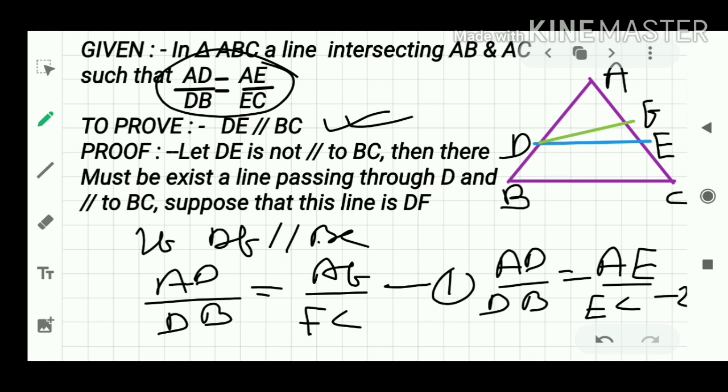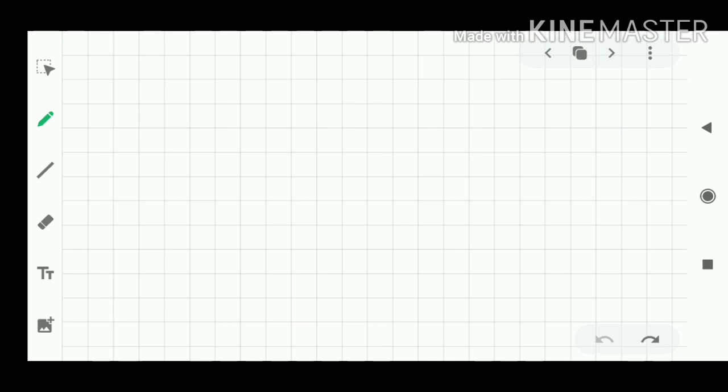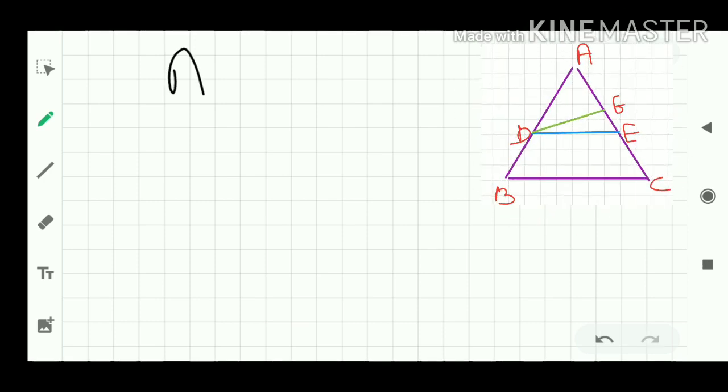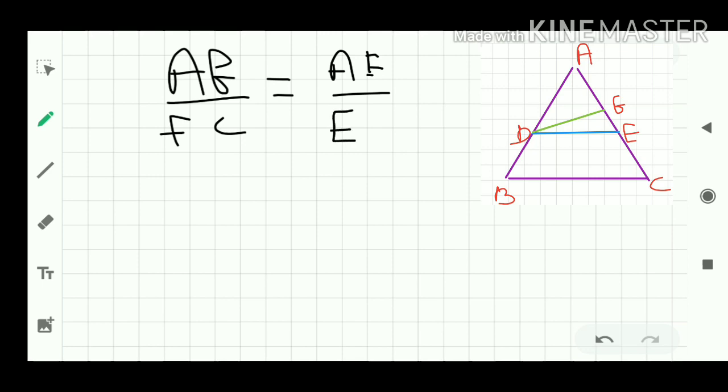That means AD by DB equals AD by DB. So from equation 1 and 2 we conclude that AF by FC equal to AE by EC. Since LHS are equal, therefore RHS must be equal.